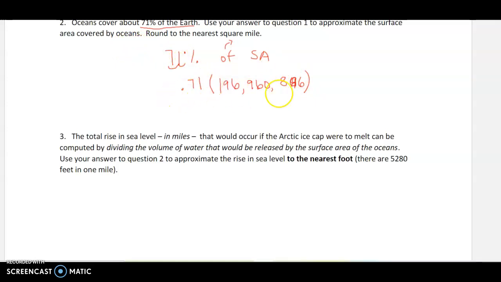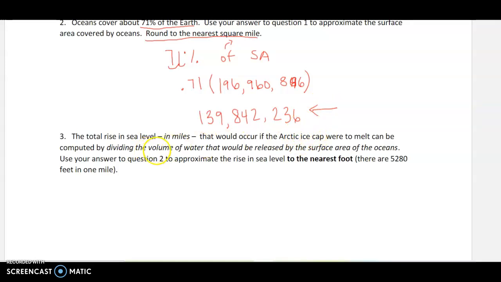So when we calculate this out, we should get 139,842,236. So again, this should be your final answer. You had to round to the nearest square mile. Again, you can get the points for this problem, but I want you to make sure you're understanding this concept. So make sure you can multiply this out on your calculator, and after rounding you get this same answer.